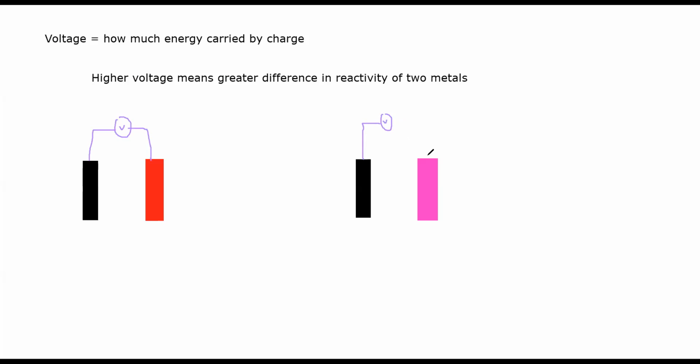And you have three metals, X, Y, and Z. The movement of electrons is from Y to X, and the movement of electrons is from Z to X. This is X here.